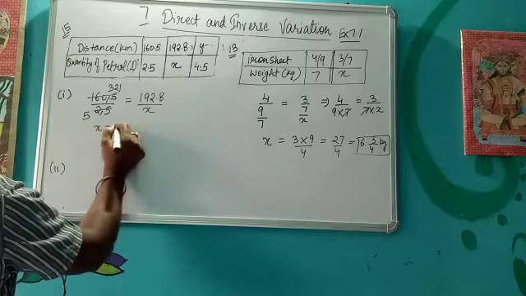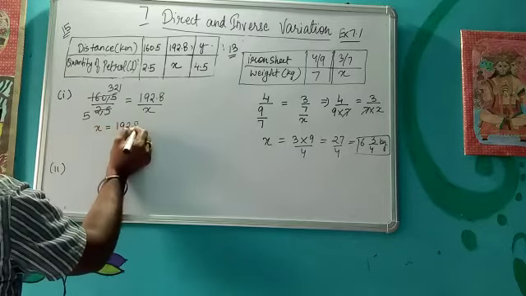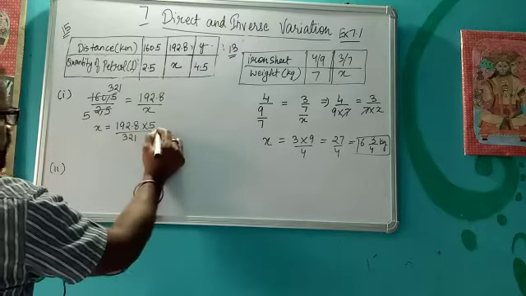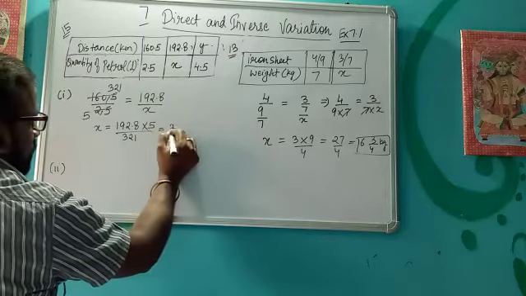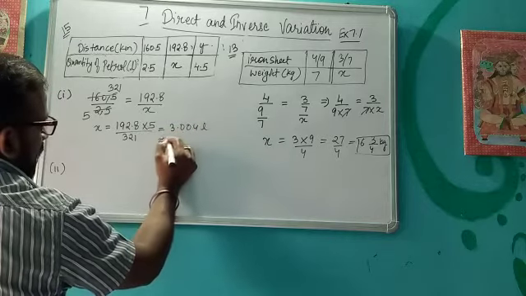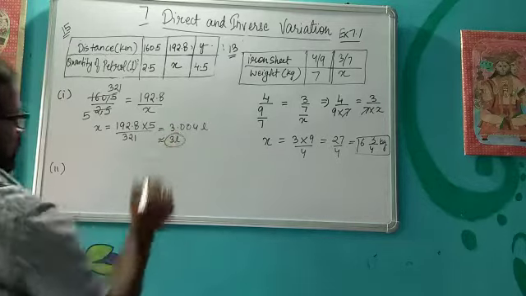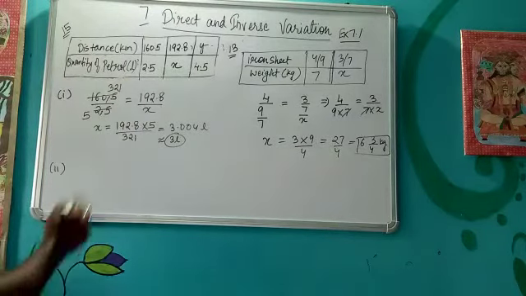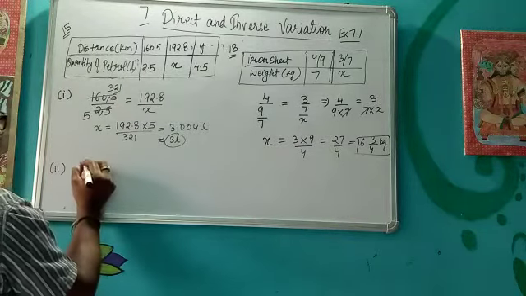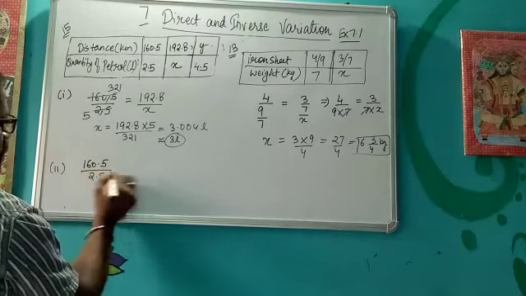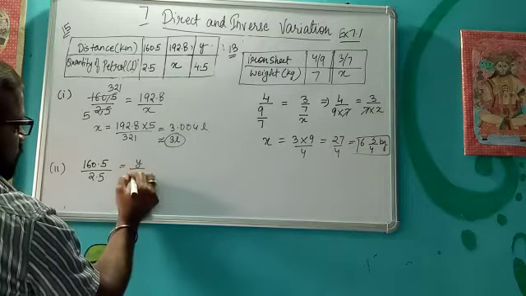So x will be 192.8 into 5 upon 321, and it will be approximately 3.004 liter, or we can write approximately 3 liters. Then for the y part, 160.5 upon 2.5 is equals to y upon 4.5.